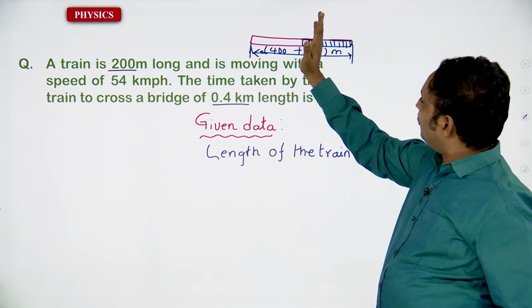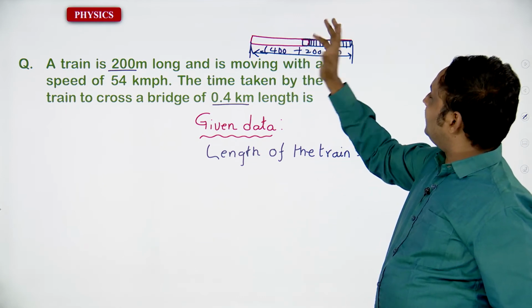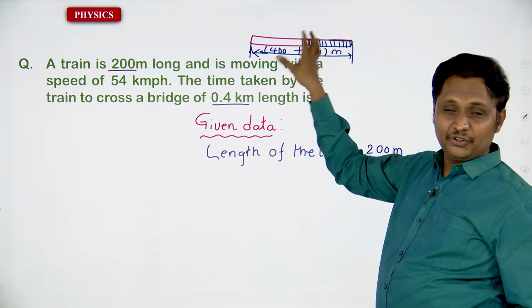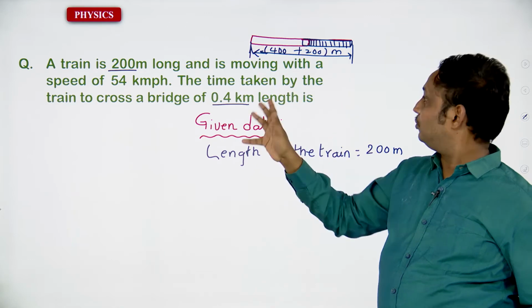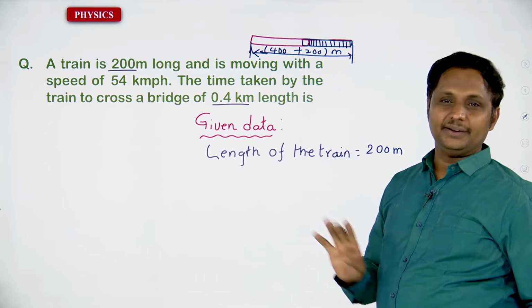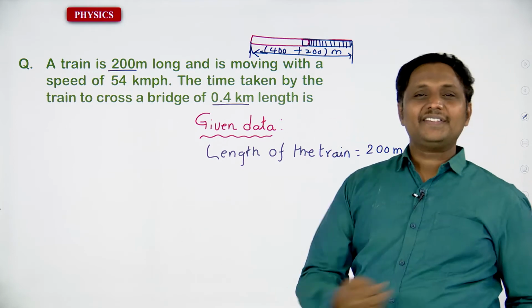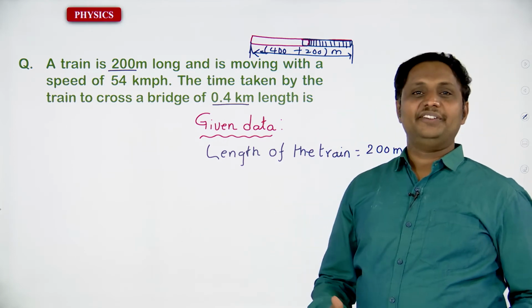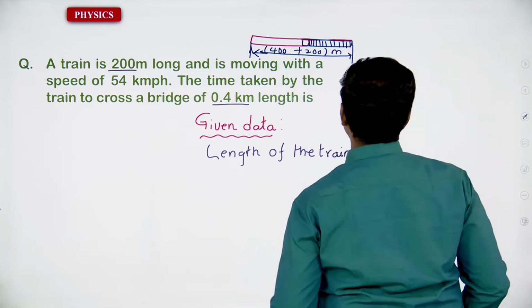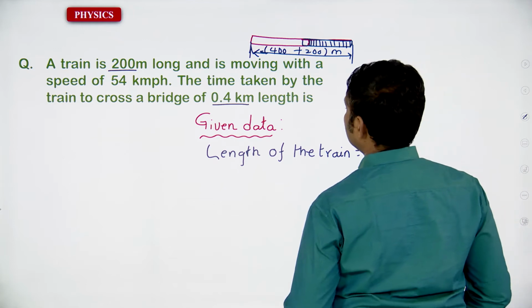Whenever it crosses the bridge, it covers the actual length of the train, 200 meters, and also the length of the bridge. So the total distance covered is 600 meters.